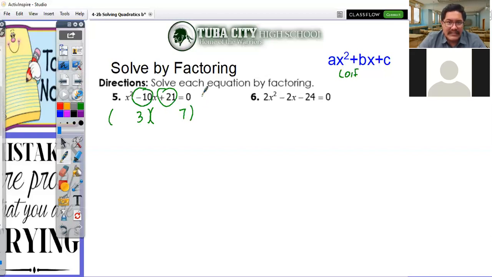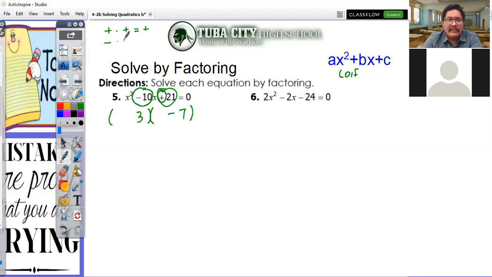Now remember, I told you the signs are an important part of this. So a lot of times students will just look at this and be like, ooh, it's a plus, so that means both of these are plus. No, that is not how it goes. Remember what I said, they will be the same if it is a positive. Quick review, I guess. A positive times a positive is a positive.